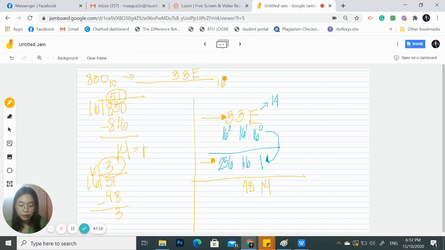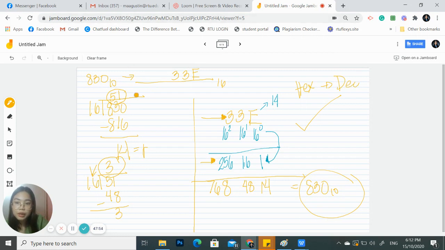So, we have 3 times 256, that is 768. So, pag inadd mo sila, 768 plus 48 plus 14, our answer is 830 base 10. So, are we correct? Definitely it is. We are, actually.